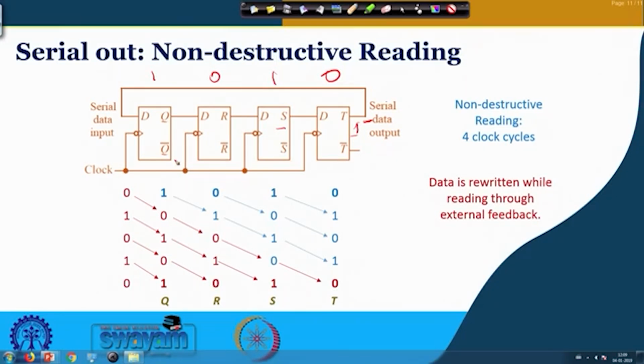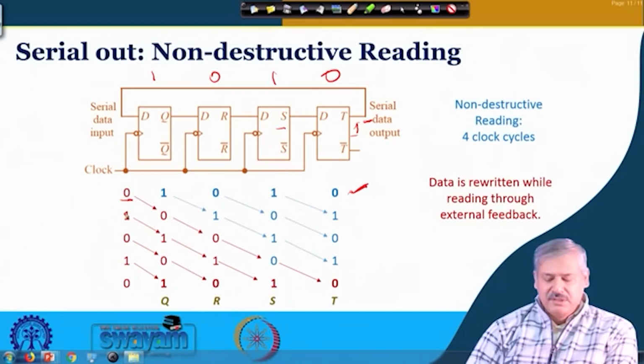Okay. So, this is the original one, 1 0 1 0, with which you start the reading process as well as simultaneous writing through a feedback, and at that time, since this is 0, this 0 is fed back here. Okay. So, with the next clock trigger what happens?